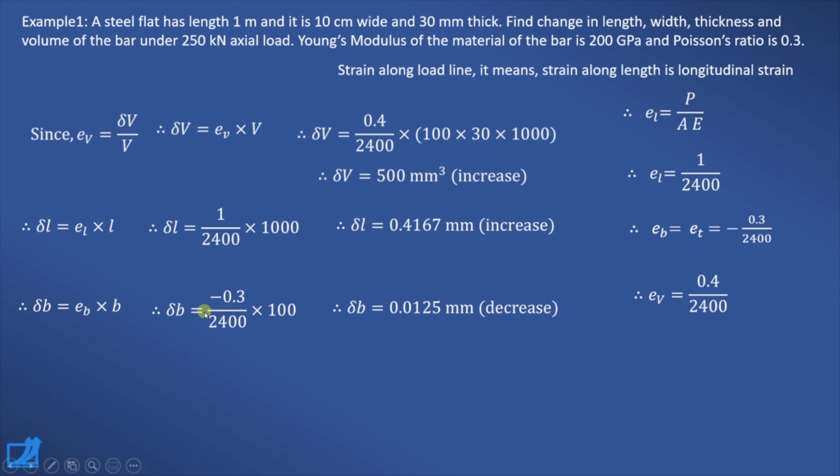Since this is negative, it is a decrease in width. Similarly, change in thickness is strain in thickness into original thickness, and this is how you have found out change in length.